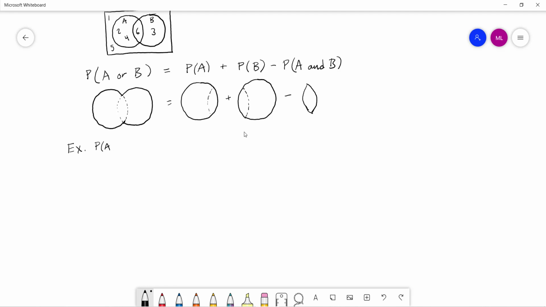I tell you the probability of event A is 0.25 and the probability of event B is 0.36 and the probability of A and B is equal to 0.1. What is the probability of A or B?